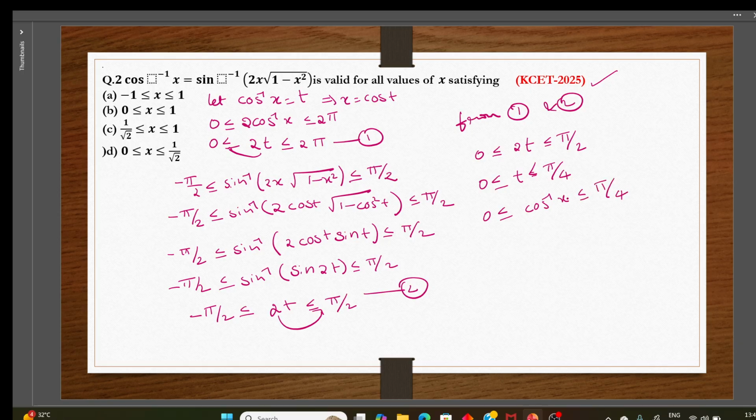In the cos function, the value at 0 is 1, and the value at pi by 4 is 1 by root 2. So what is the answer here? 1 by root 2 less than or equal to x, less than or equal to 1. Option C is the correct answer.